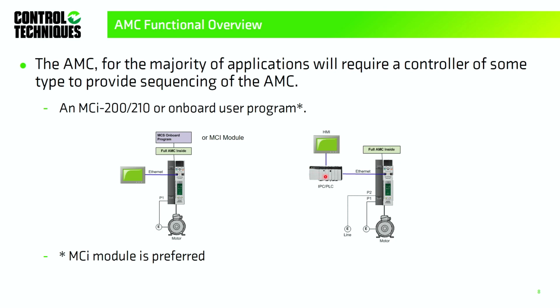And there's a set of custom function blocks, which can be imported into your Studio 5000 program. So the work of manually manipulating the AMC becomes a lot easier using that method.